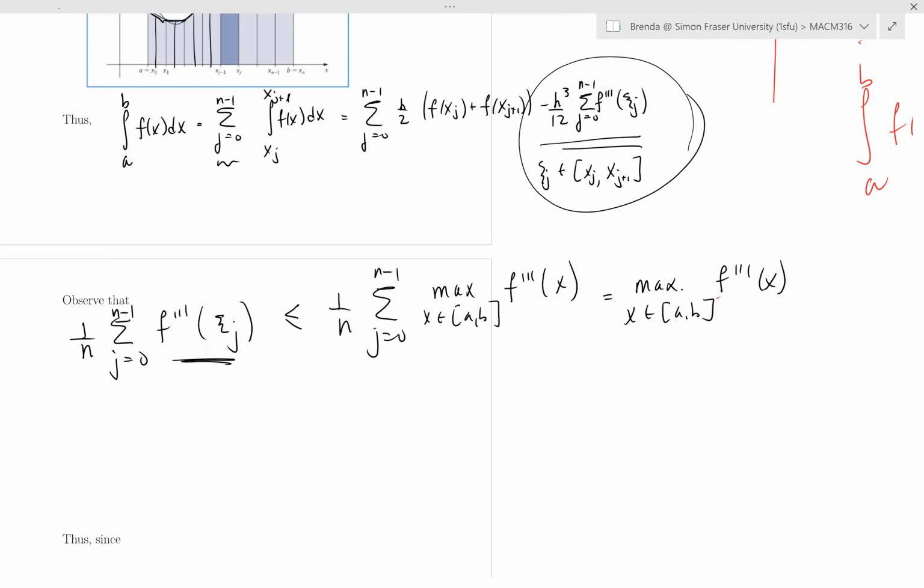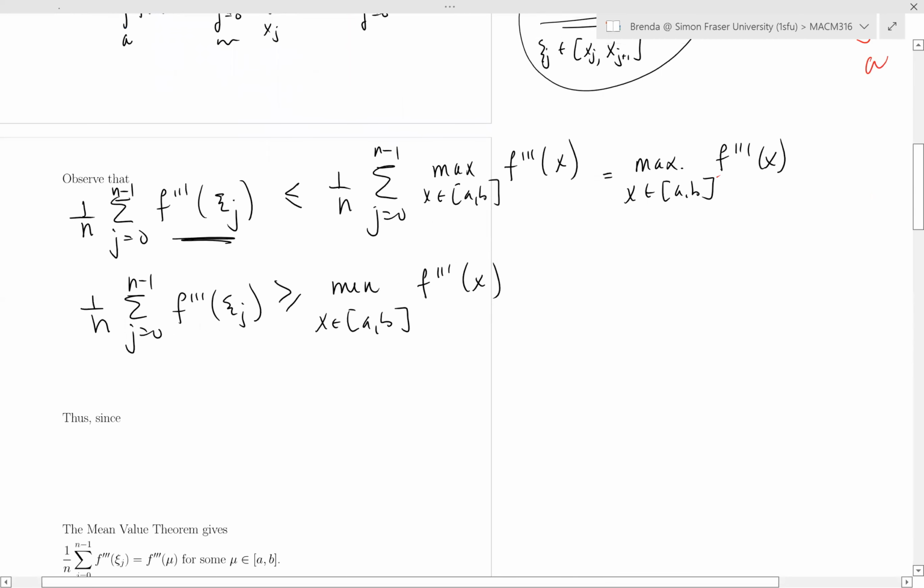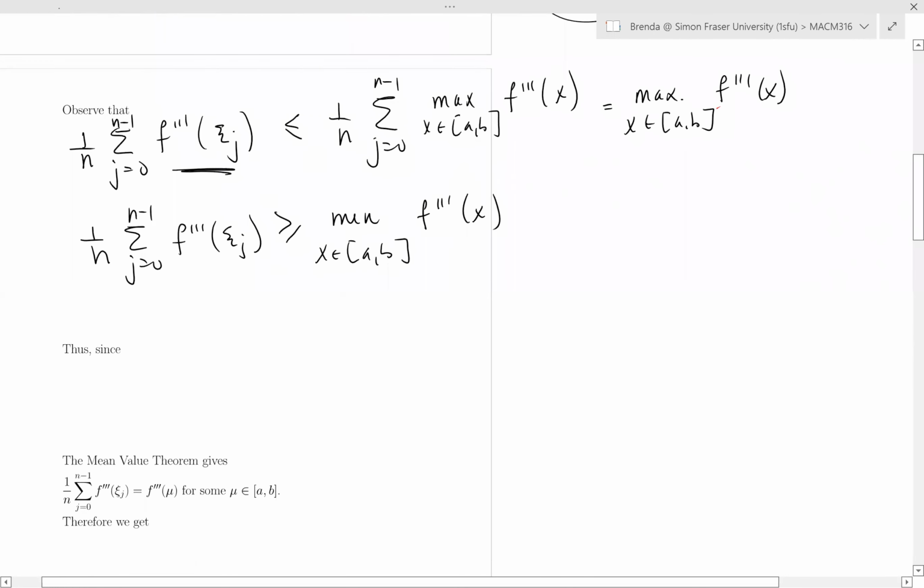Also we have a minimum value which we can identify, and that is unsurprisingly this thing here. This will always be greater than or equal to the minimum if I choose x, some number in the interval, and I bound the third derivative. So we've actually got a lower bound and an upper bound on this right here.